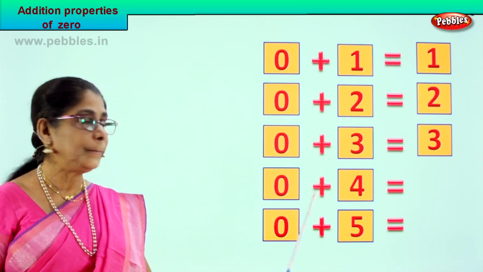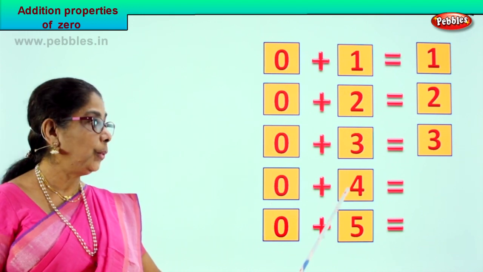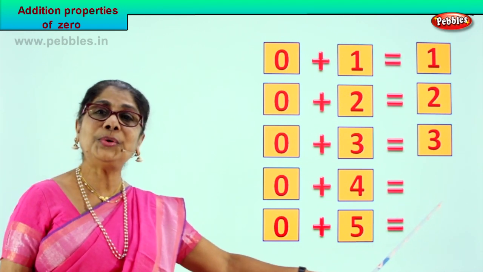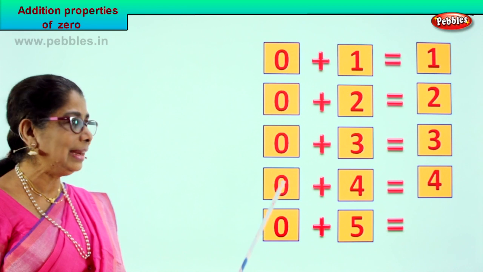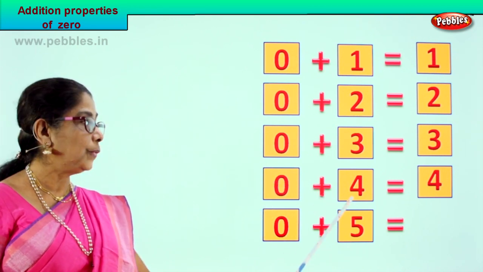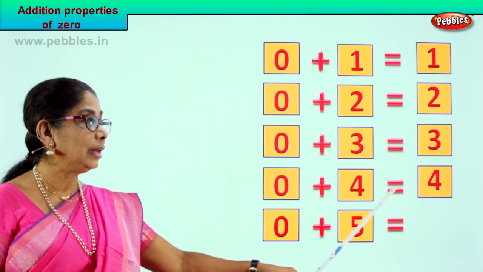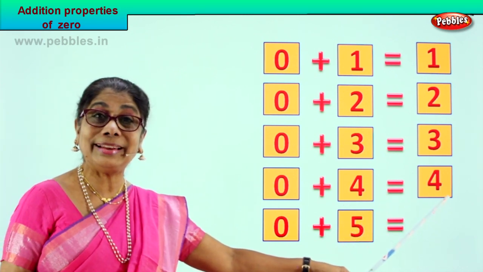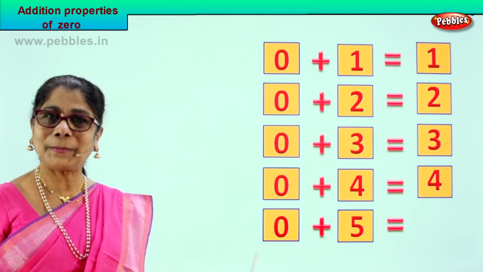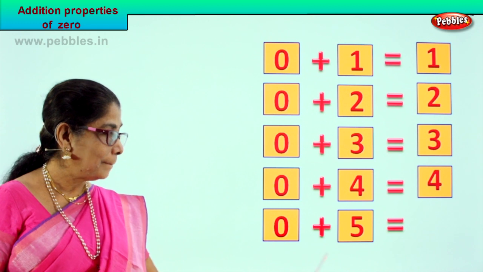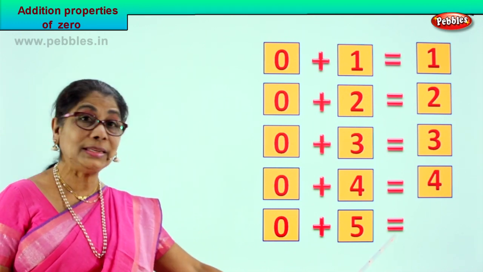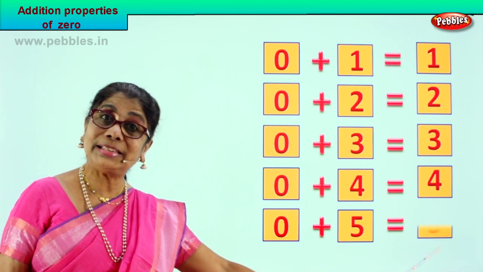Good. Let's take the next one. 0 plus 4 is equal to what number? 4 itself. Read it again. 0 plus 4 is equal to 4 itself. Good. Let's look at the last one. 0 plus 5 is equal to the number 5 itself.